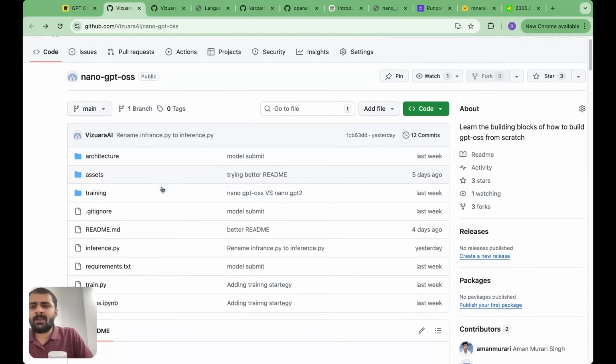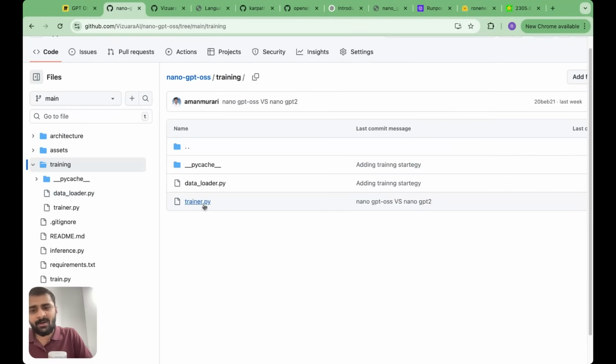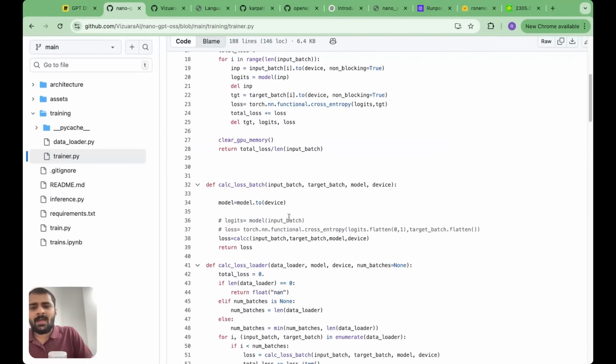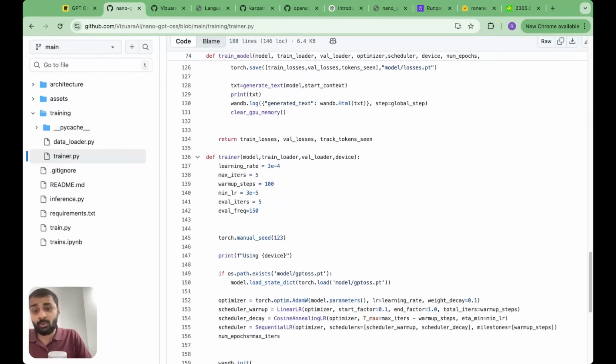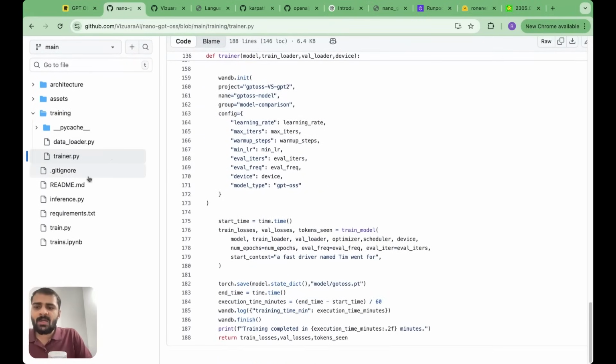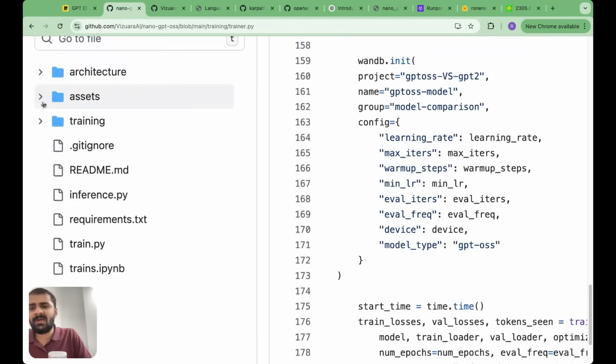So I'm going to be referring to this repository whenever I'm going to explain the pre-training setup to you. I wanted to do this entirely on a Google Colab, like usually I do for all my videos. But I think that for this particular architecture, it's just better to split it into different folders.